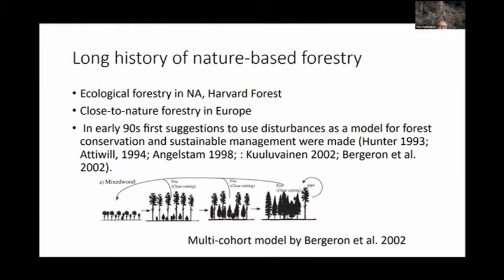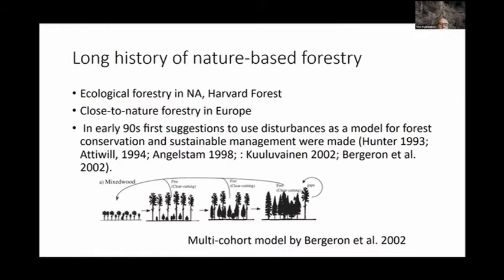So actually the idea of nature-based forestry is not a very young one. There is a long history of different approaches, starting from ecological forestry in North America to close-to-nature forestry in Europe in the early 20th century and earlier.